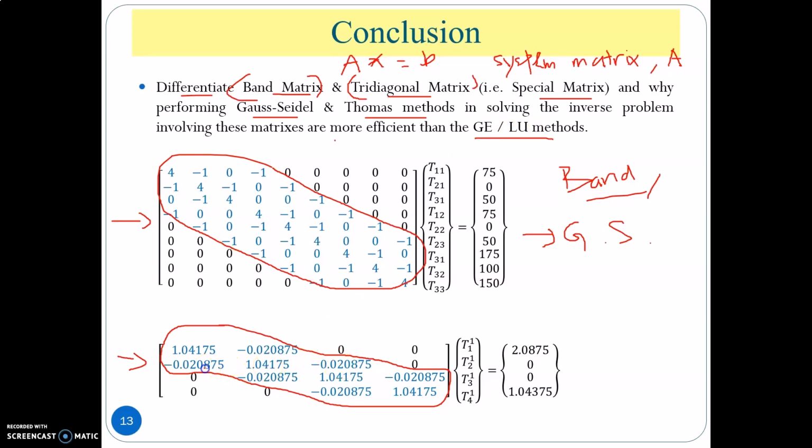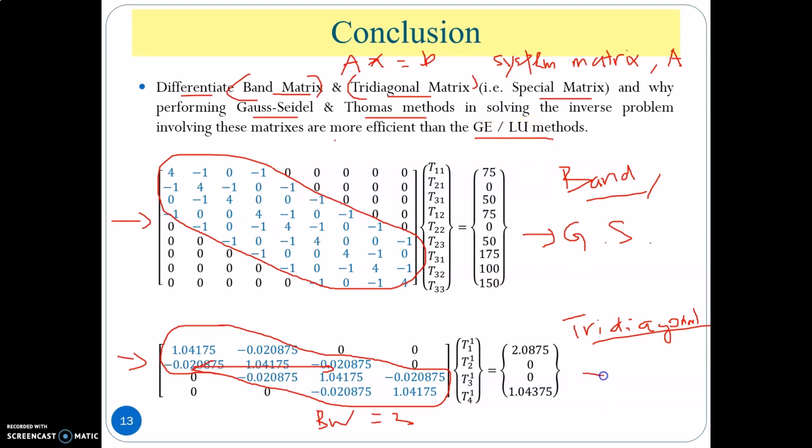If you have band matrix with bandwidth equal to 3 in this case, we call it as the tri-diagonal matrix. And for the tri-diagonal case, we do not use the Gauss Seidel or the Gaussian elimination and the LU.